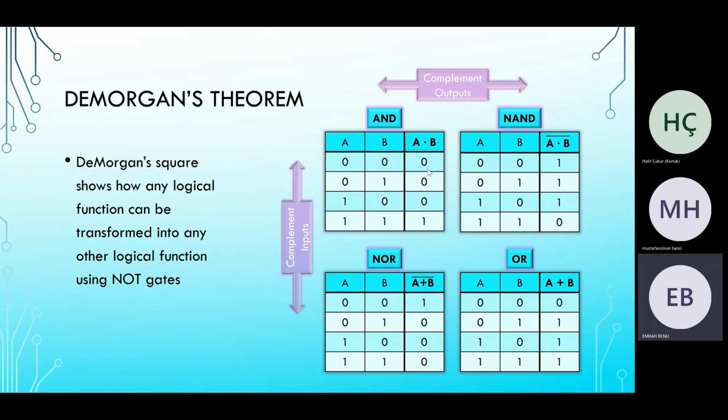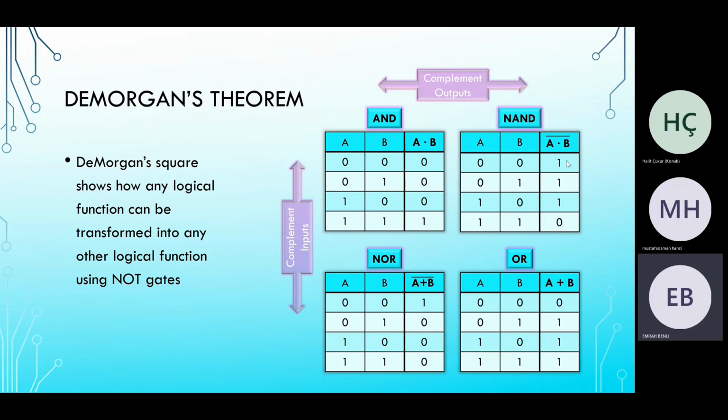As we said, the output of the AND operation is the upside down of the output of the NOR operation. See, upside down here. And 1 is at the bottom, 0 is here, 0 is here. Same here between NAND and OR.